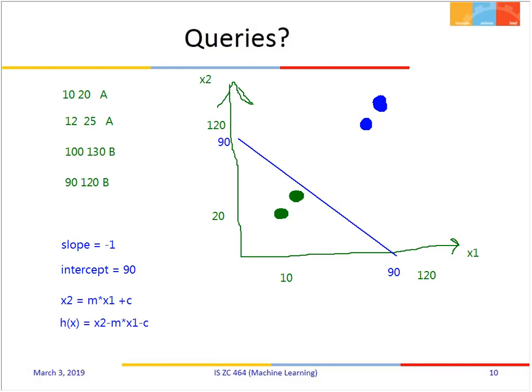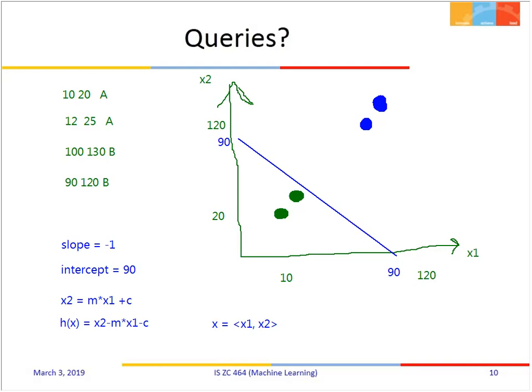Now when you substitute these values for m and c in h of x, what do you get? You get x2 minus, and since m is actually -1, you get plus 1 multiplied by x1, so it is x2 plus x1 minus 90, right?